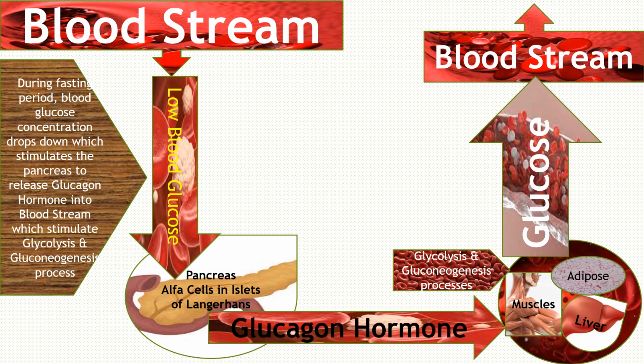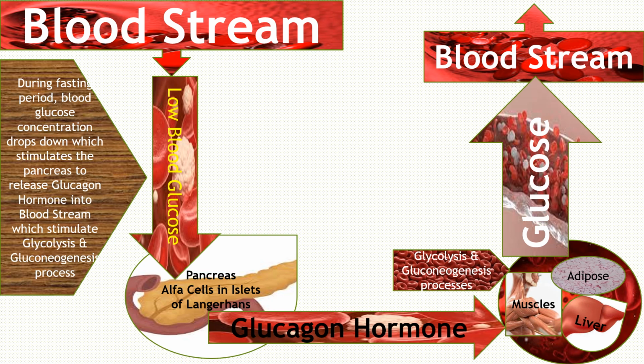During the fasting period, or when an individual has not eaten for some time, the blood glucose concentration drops. This stimulates the pancreas to secrete glucagon hormone from the alpha cells in the islets of Langerhans. Glucagon hormone stimulates the breakdown of stored glycogen in the liver and muscle to form glucose, which is added into the bloodstream.